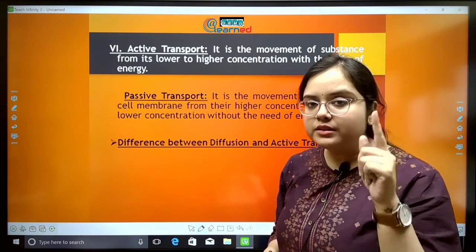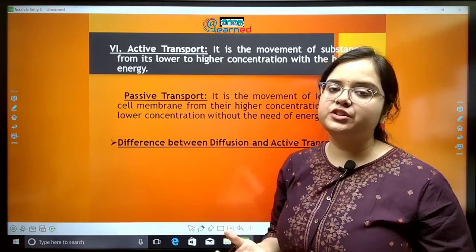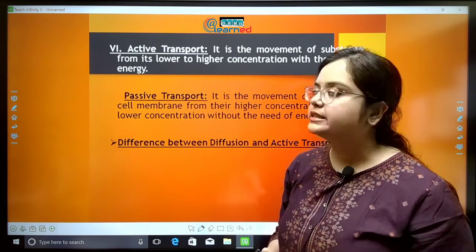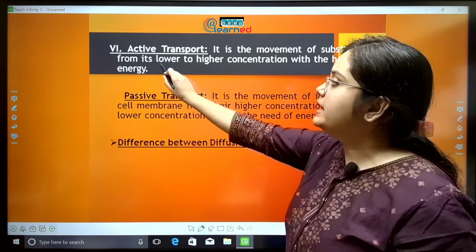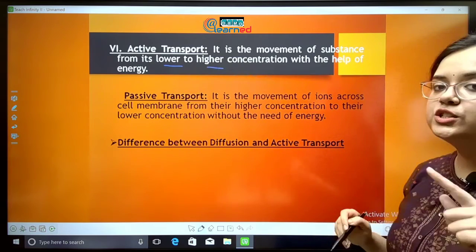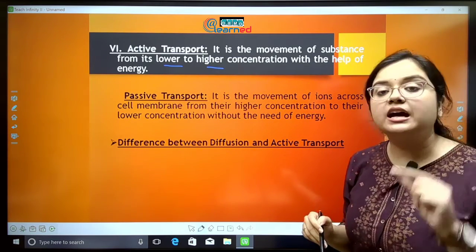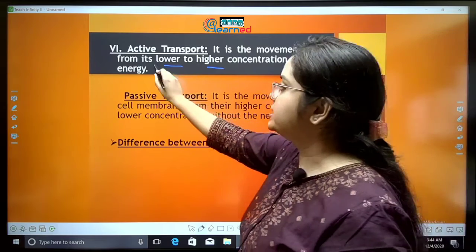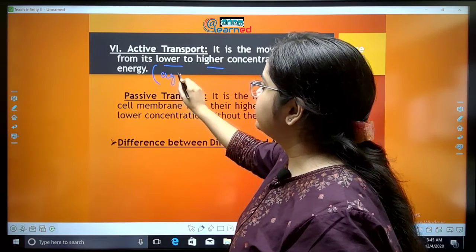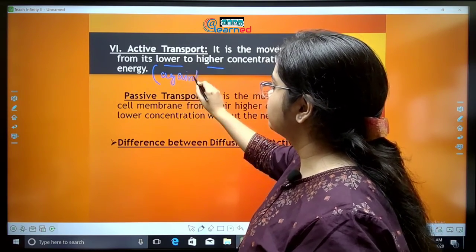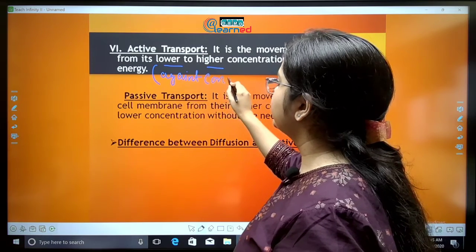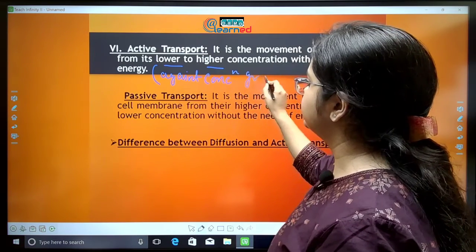Now, this seems to be just like any other definition we are learning from the start. No, it is not. If you notice, this is from lower to higher. This is not from high to low. This is against the concentration gradient. So, I am putting a bracket out here: against concentration gradient.